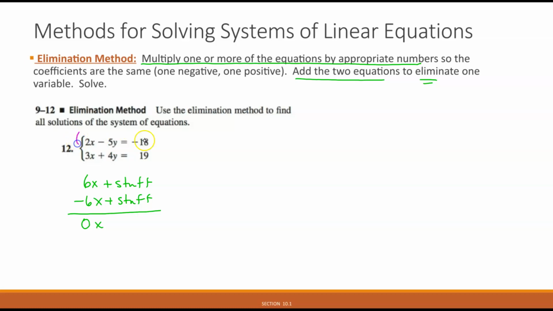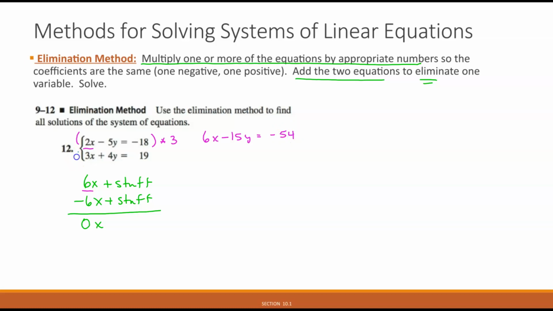Let's see how we can make this position a 6x. We can make it a 6x if I multiplied everything by 3. So that would be 6x minus 15y is equal to negative 18 times 3, which is 54.